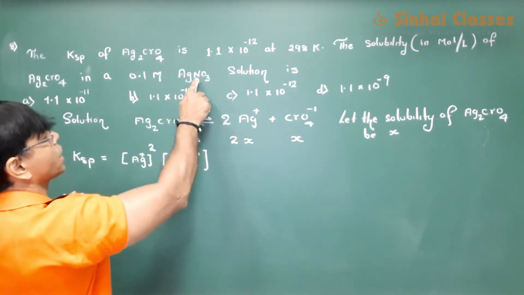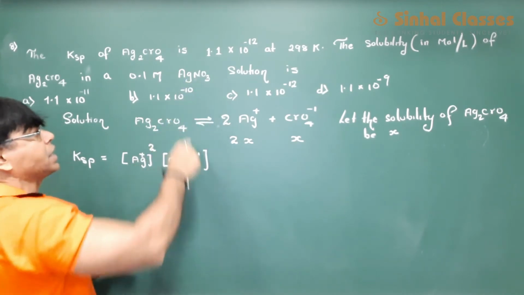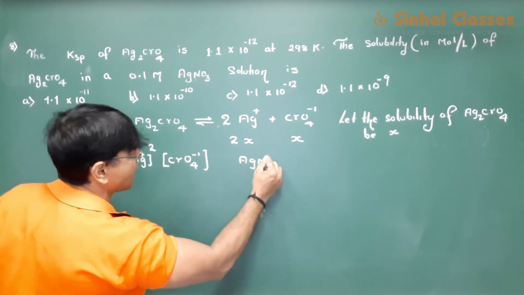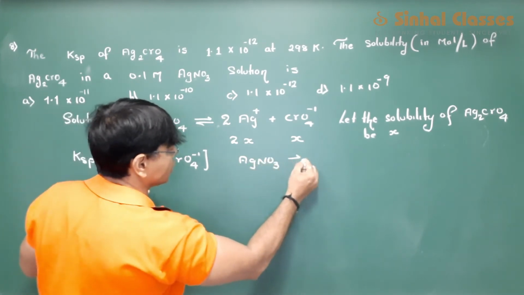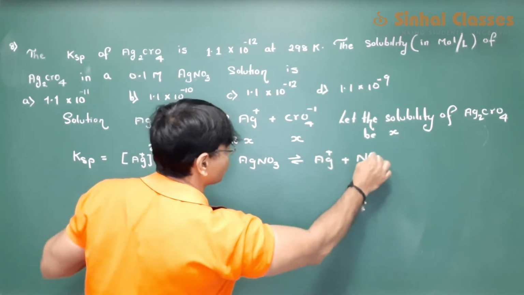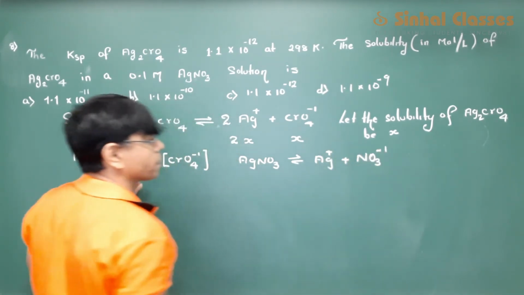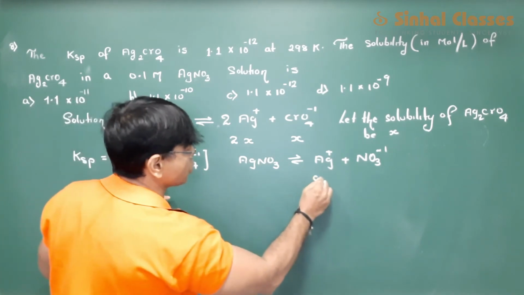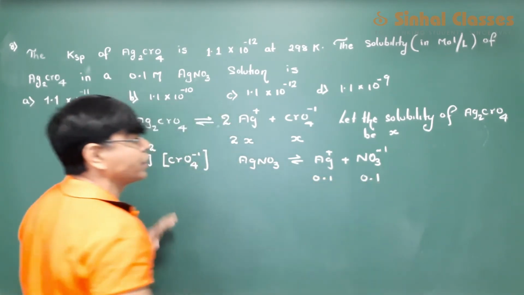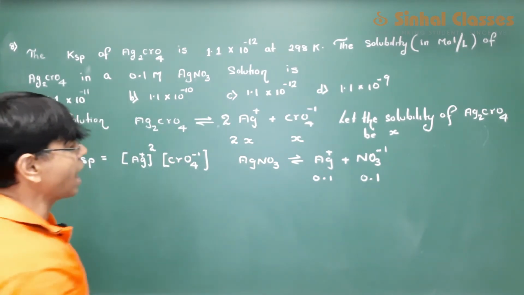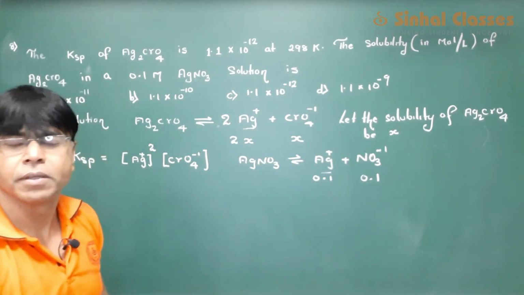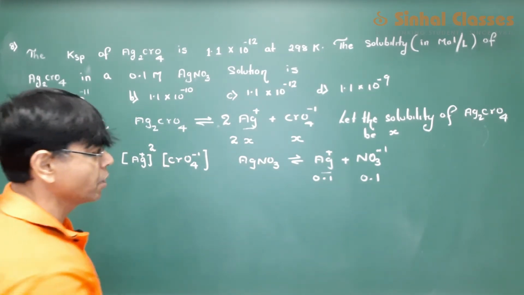Now in this we are adding silver nitrate, which is a very strong electrolyte. So AgNO3 dissociates to give you Ag plus and NO3 minus. So the concentration of this is 0.1 and this is 0.1 given to us. Now as you can see, silver ion is common in effect.